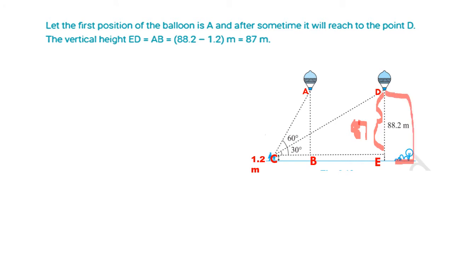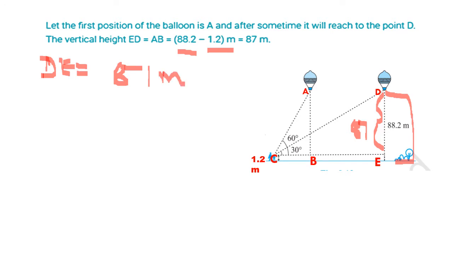So we subtracted 88.2 minus 1.2, which is the height of the girl. So we got DE is equal to 87 meters.